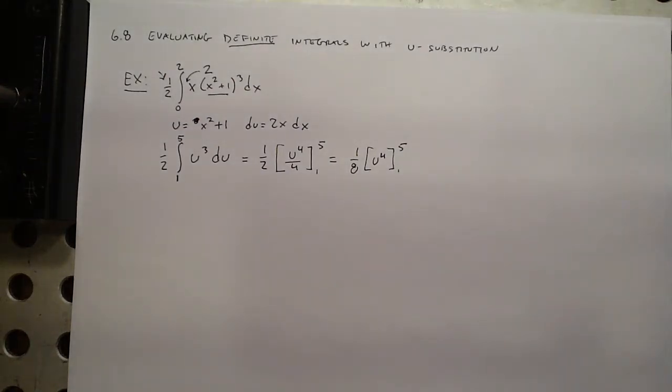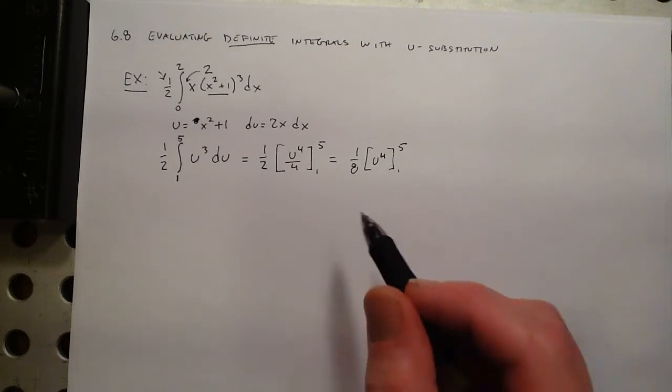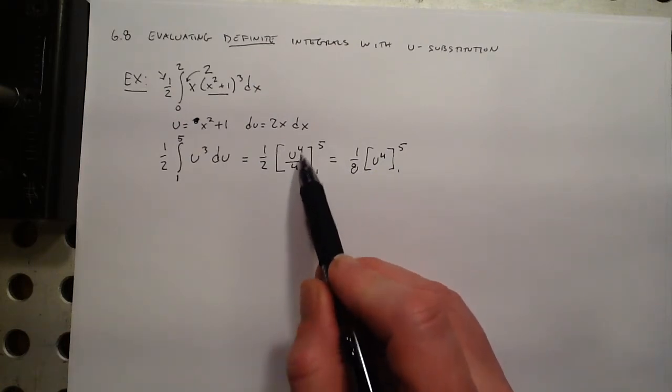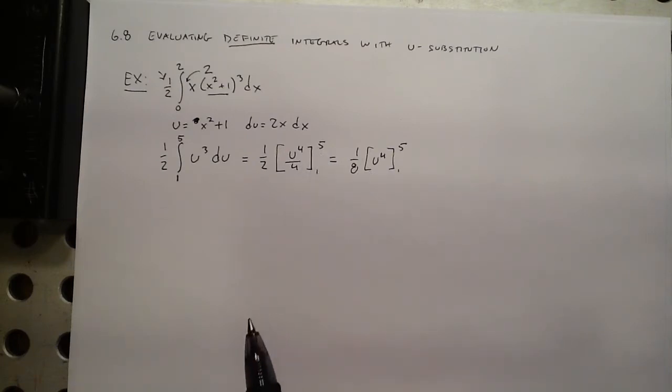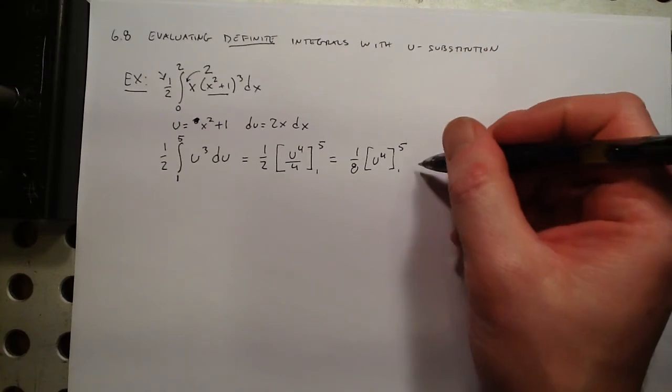If you're not sure why you would be able to do that, think about when you plug these in, you'd just be able to factor out the over 4 that's going to show up in both terms. I'm just doing it now. I think it's a little easier that way.